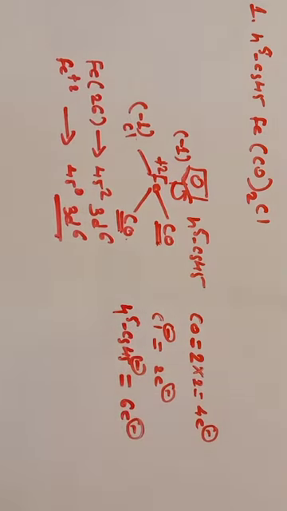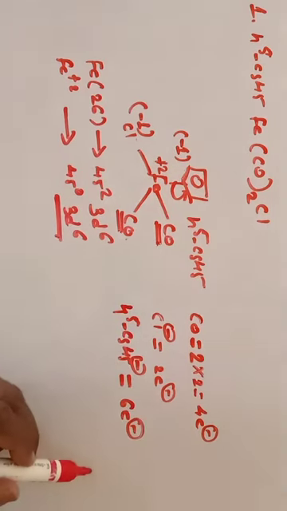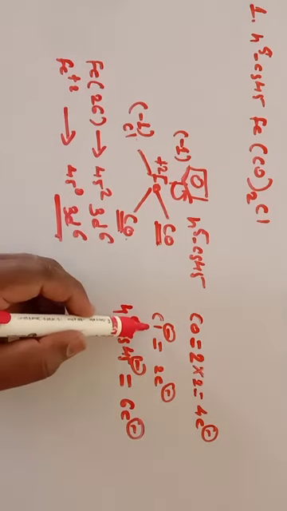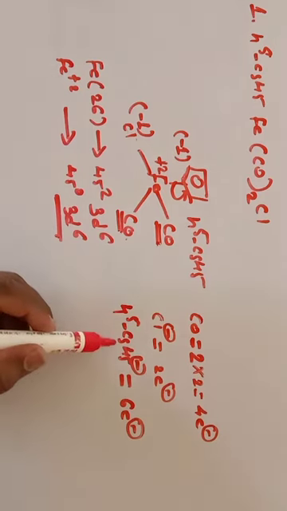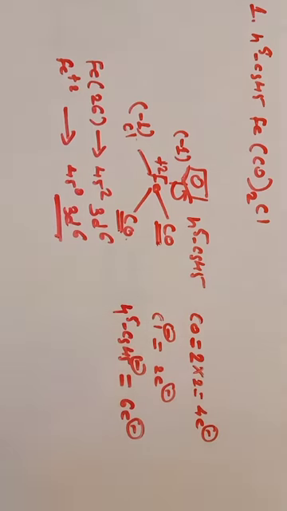Its maximum hapticity is 5, and it also has a -1 charge, and therefore its total contribution is 6 electrons. So if you count the total electrons, then 6 electrons from this metal atom, 4 electrons from these 2 carbonyls, 2 electrons from this chlorine, and 6 electrons from this eta 5 C5H5 cyclopentadienyl ligand.